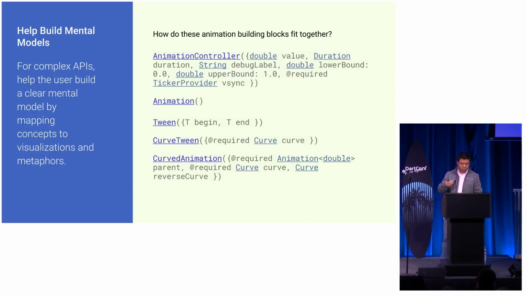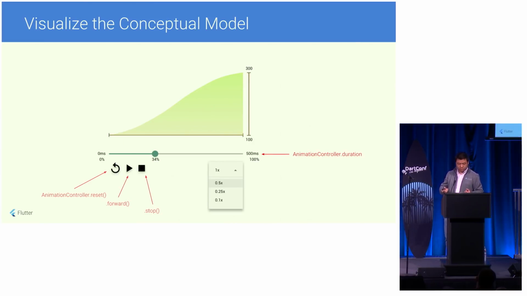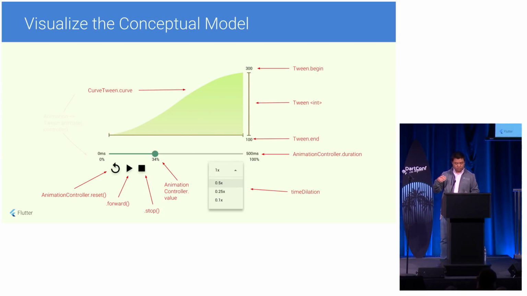So one potential way to address this issue is to visualize the conceptual model of such a complex API using a visual representation like this one, and then map different APIs to relevant parts of this model, and also leverage some familiar mental models that the user might already have.